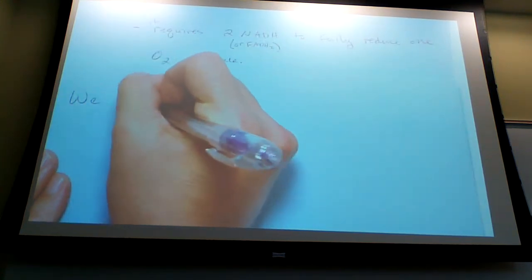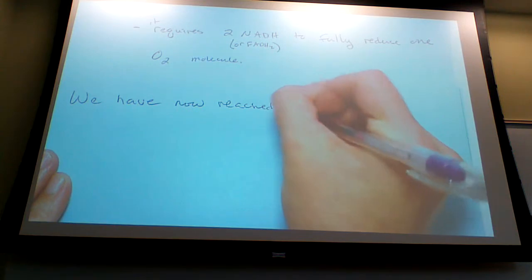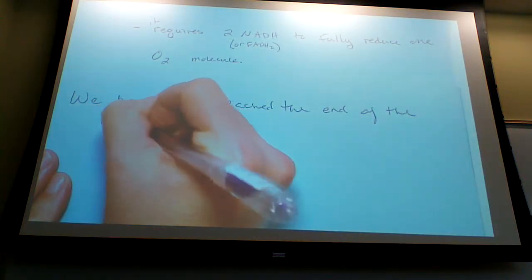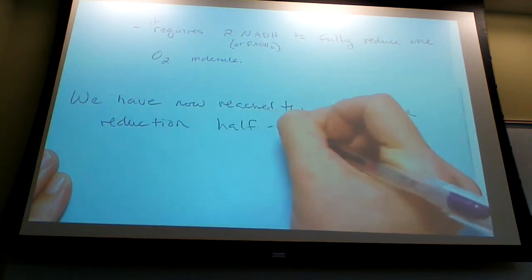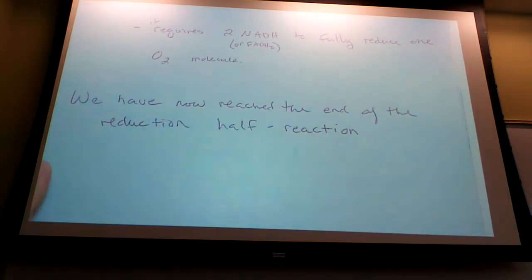We have now reached the end of the reduction half reaction. So it only took us a month to oxidize glucose, right? Starting with glycolysis, the citric acid cycle.